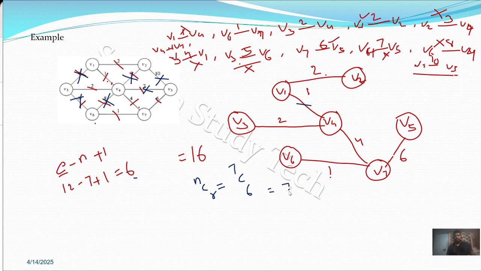That is 7 factorial by 1 factorial into 6 factorial, that is 7 into 6 factorial by 6 factorial, so you can cancel the 6 factorial. So 7 spanning trees are possible for this graph.